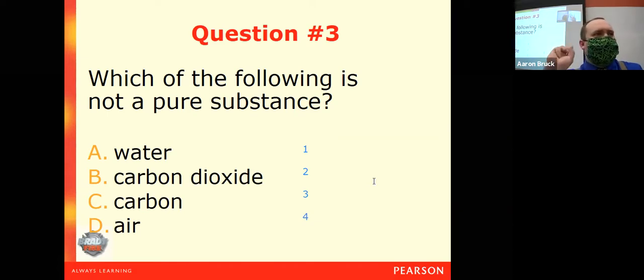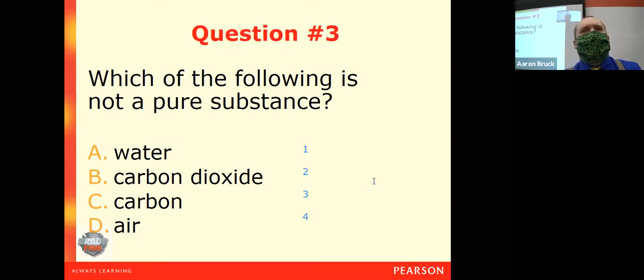Flash up a number of fingers, 1, 2, 3, or 4. Tell me what you think. Which of these substances is not a pure substance? Okay, I'm seeing a lot of 2s, a lot of 4s.